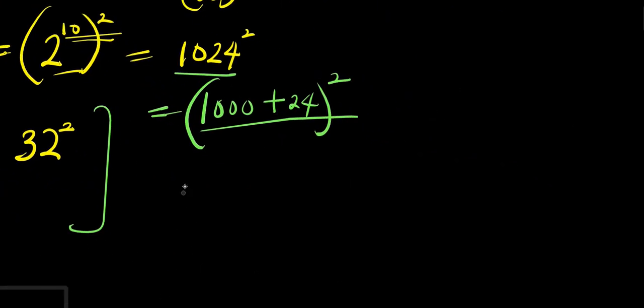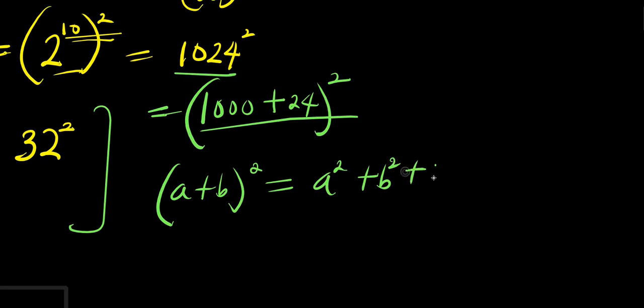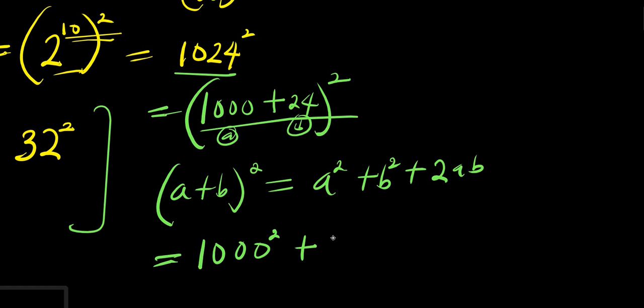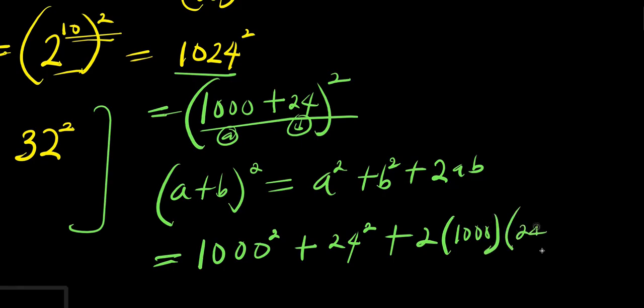If you have (a plus b) raised to the power of 2, this equals a squared plus b squared plus 2 times ab. In this case, the 1000 is my a and 24 is my b. So from here, I'm going to have 1000 squared plus 24 squared plus 2 times 1000 times 24.